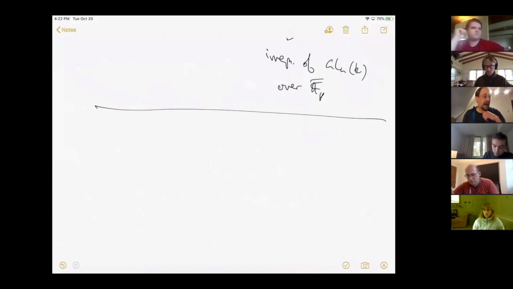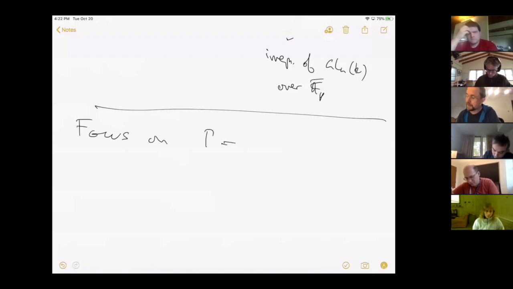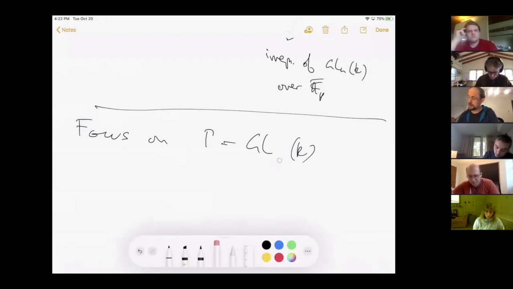So I want to say something more precise about this functor, some more specific examples, so you can see something about what I'm talking about. And so for that, I want to focus on GL_n(K), but even more, I want to just focus on the case n equals 2.